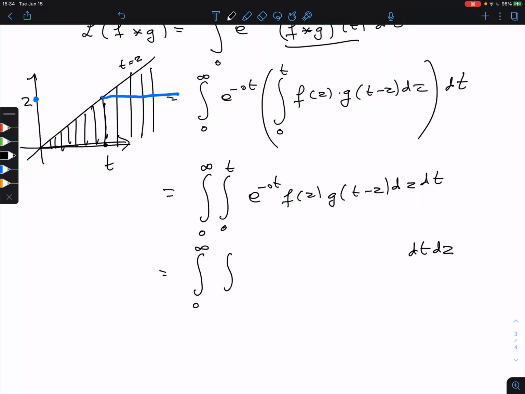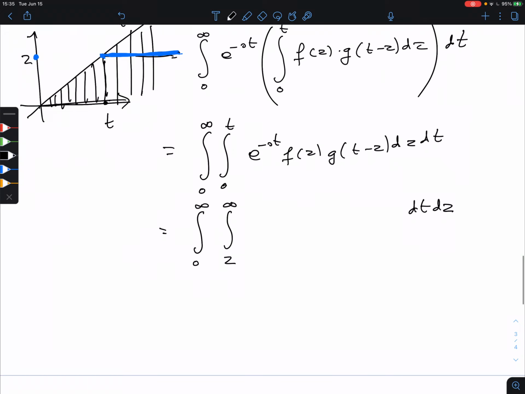Once we have fixed z, first let z range over whatever it can range, from 0 to infinity. Now we fix z and look at the limitations on t. t can start from this value, which is z, and go all the way up to infinity.